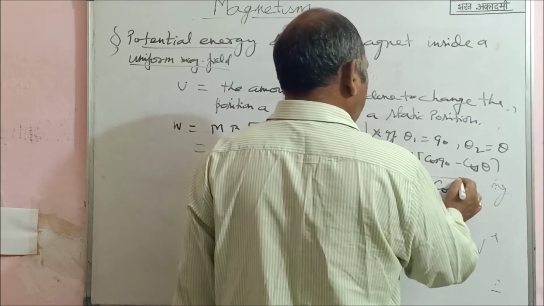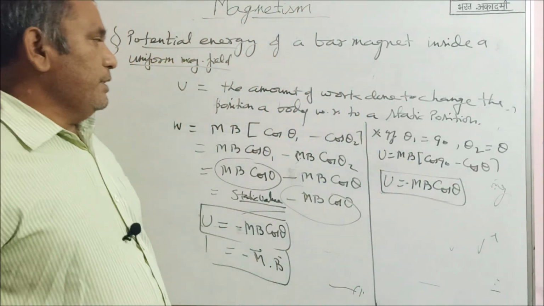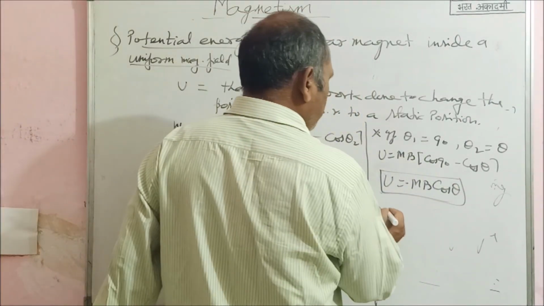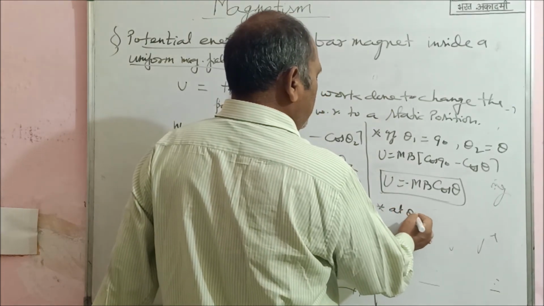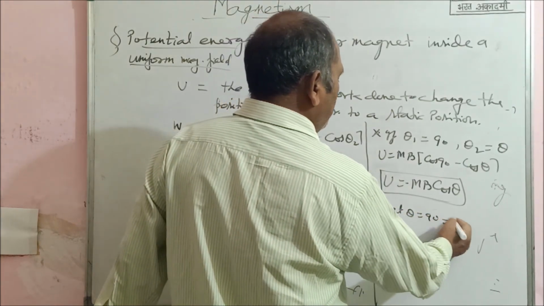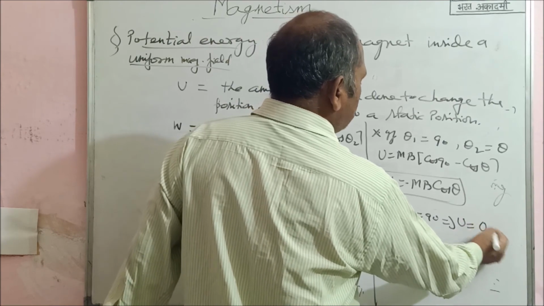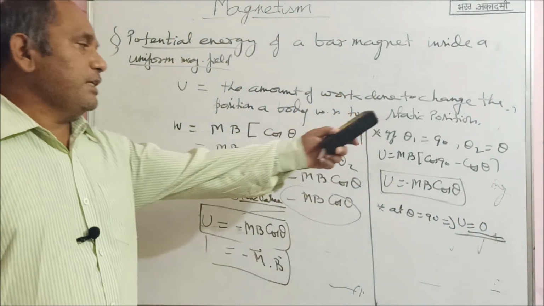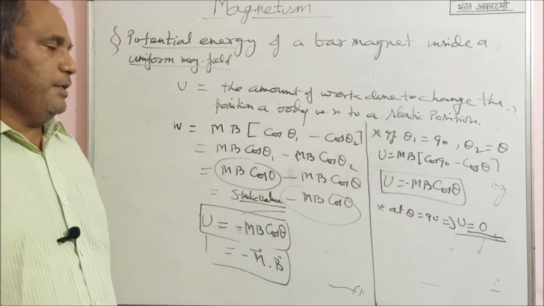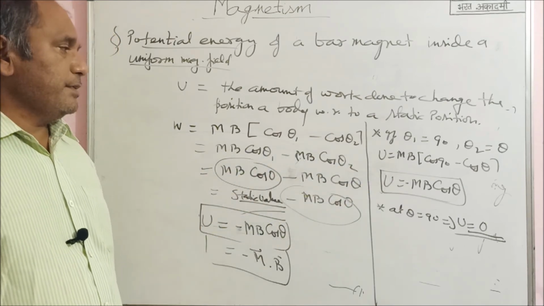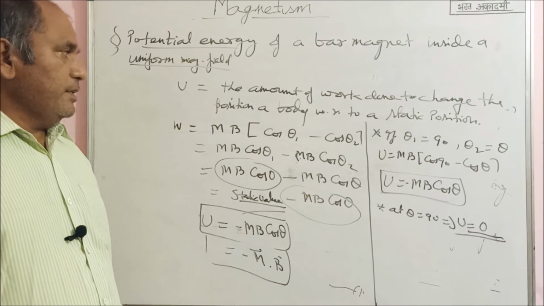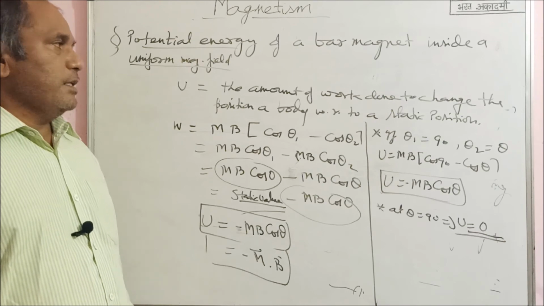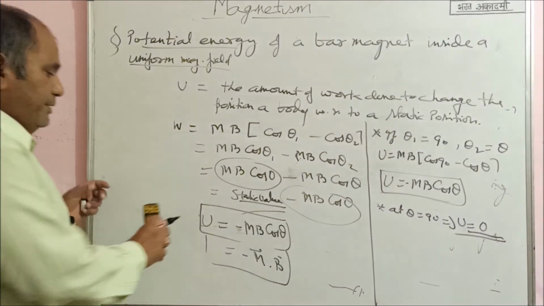Question arises, why we have taken 90? Actually, I do remember this value: at theta equal to 90, U will be 0, the most stable condition. That's why we use this phenomenon. You can use either this one or this one. Anyway, you can calculate it, right? This is potential energy of a bar magnet, right?